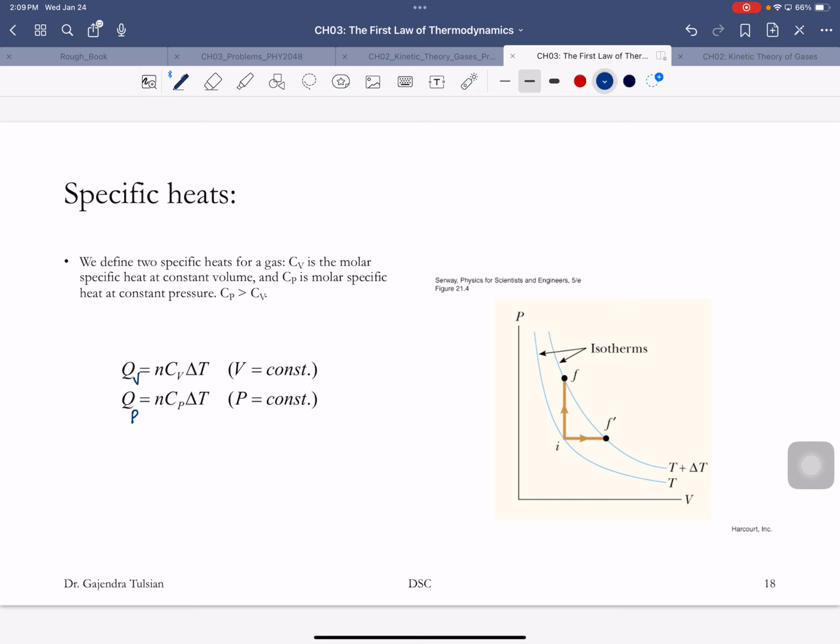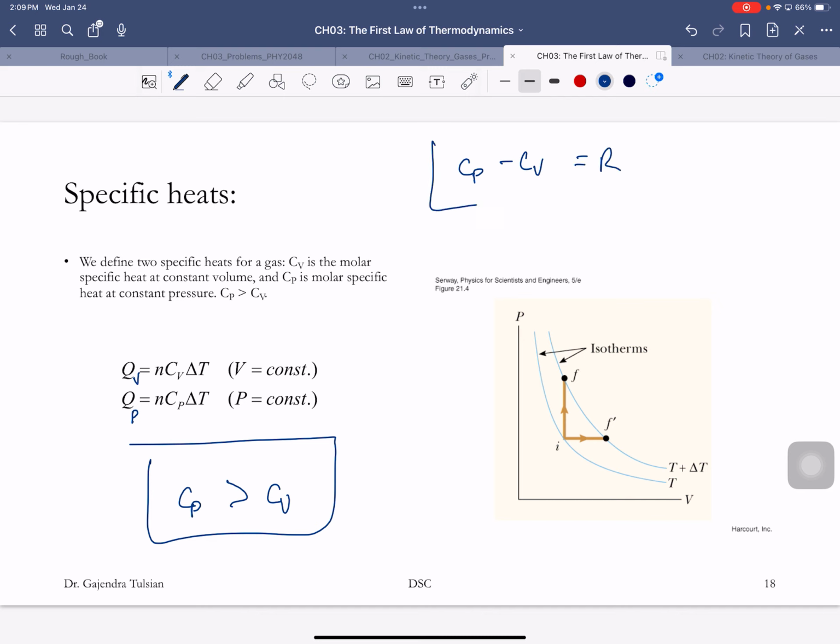So Cp is greater than Cv, and it turns out that if the gas is ideal, the difference is equal to R. As long as it's an ideal gas, it doesn't matter what the gas is.